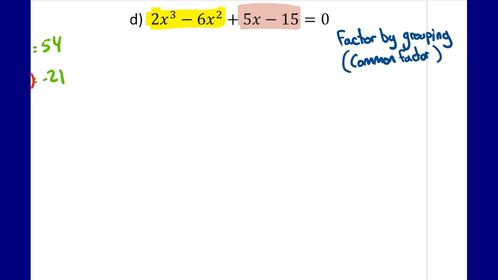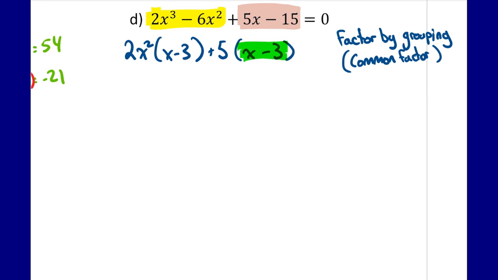If I look at the first two, 2x cubed minus 6x squared, I can take out a common factor of 2 from both, as well as an x squared. I'm then left with x minus 3. In my second pair, 5x minus 15, I can take out a positive 5, and that leaves me with x minus 3. We should recognize that we have 2 brackets that are the same, x minus 3.